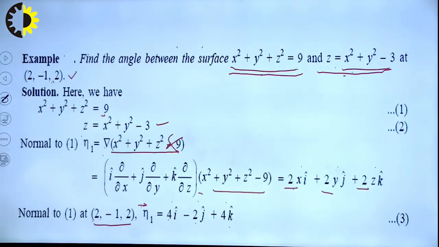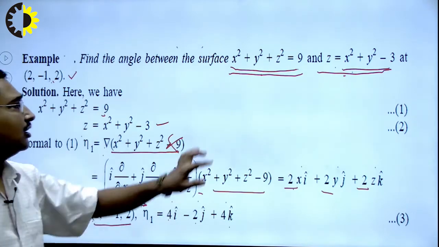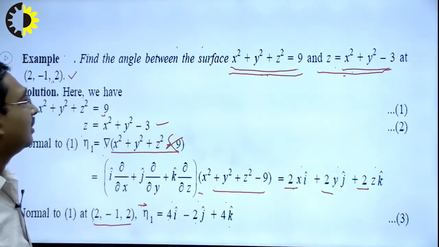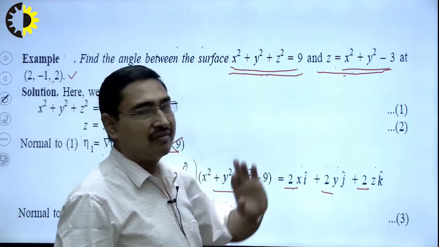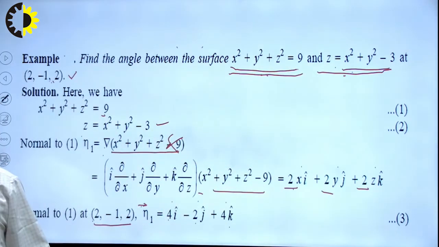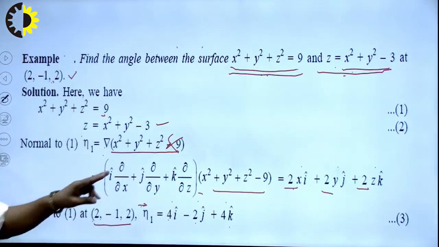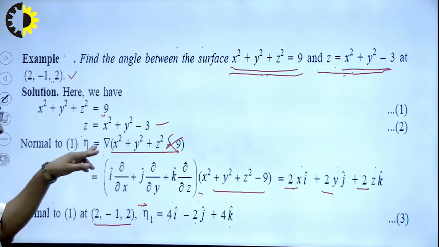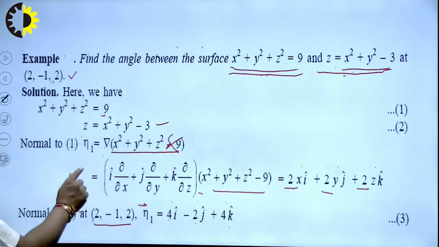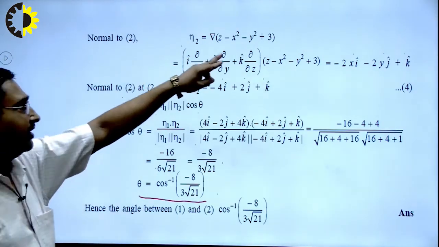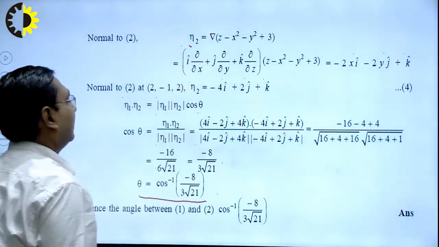I sum up once again. We were given two surfaces, x square plus y square plus z square equals 9, and the second surface this. We were interested in finding the angle between these two surfaces. What is done? From the first surface, grad phi is calculated, which was vector n1. From the second surface, grad phi is calculated, which was vector n2.